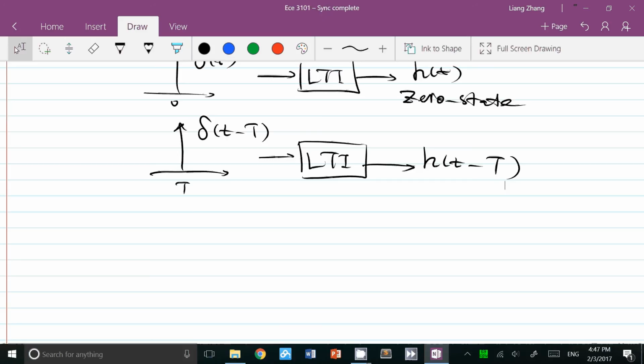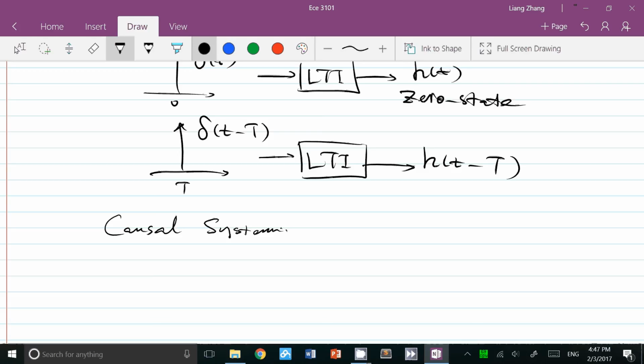Now, remember in chapter 1 we talked about a system being causal. A causal system means the output at a certain time instant should only depend on the input at the same time instant and or in the past, but nothing in the future.